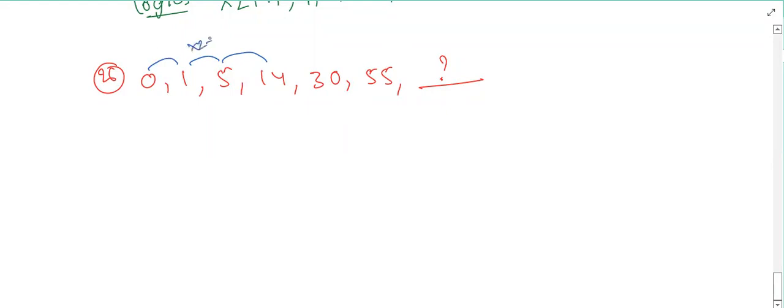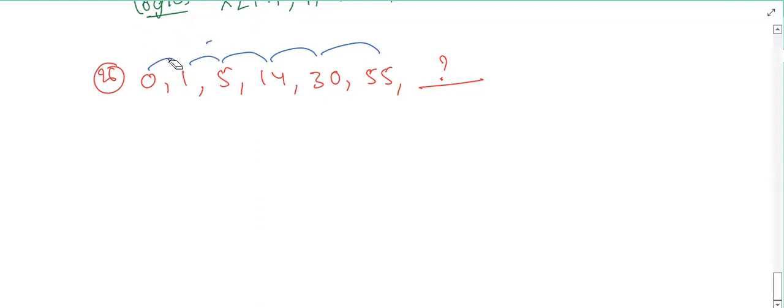No. Into 2 plus 3 you said, into 2 plus 4 you said. So maybe 3 and 4 means it should be plus 2, right? 0 into 2 is 0. But plus 2 it is not 1. And is it continuing further? No, it cannot be the logic.